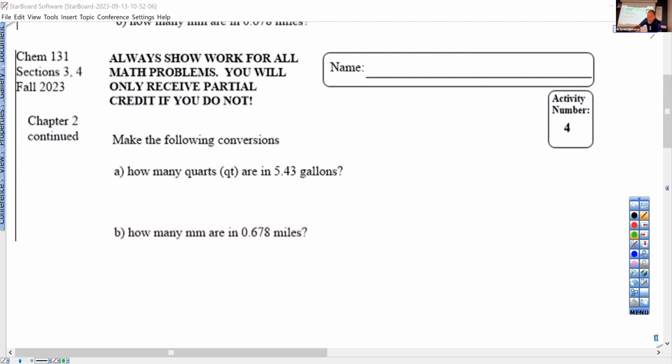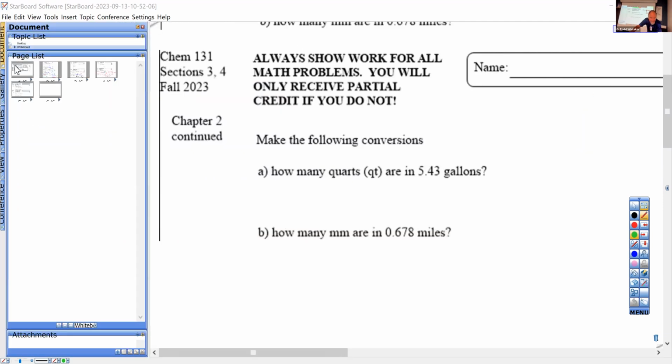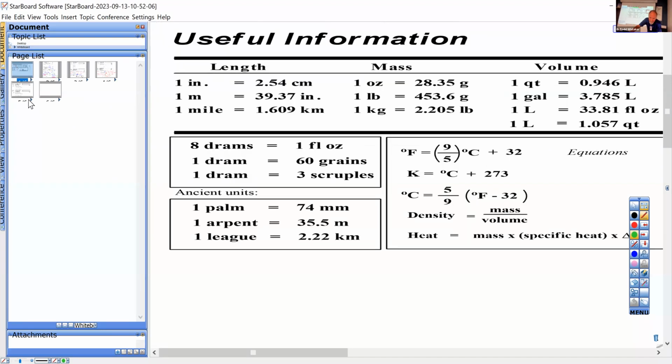I just need to get back to page one. Fastest way to do that is here. If my computer doesn't ignore me. There. Quarts, gallons. I think I need these two. You know, don't trust myself copying anymore.